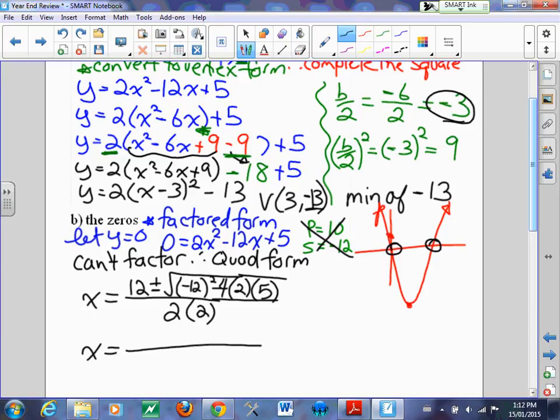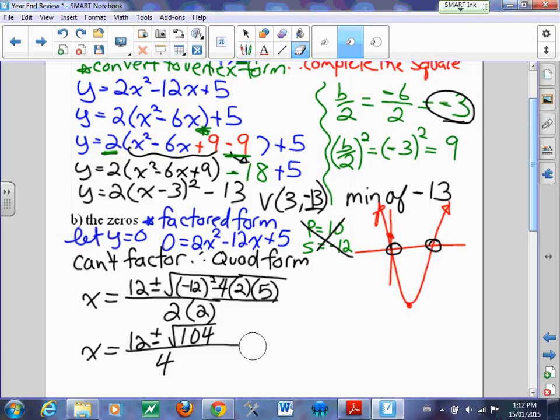Okay, let's simplify this, folks. So it's going to be 12 plus or minus the square root. Do the whole thing in the bracket all together. You're going to get 104 divided by 4.